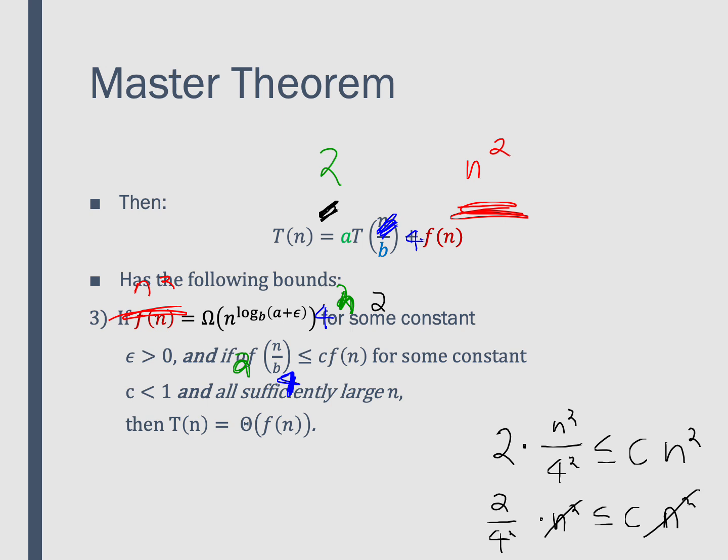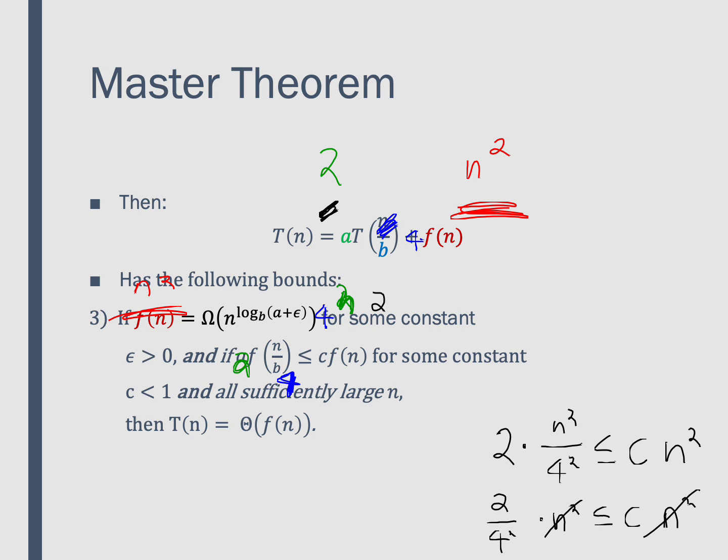And when f(n) dominates the recursive term, if f(n) = Ω(n^(log_b a + e)) for some e greater than 0, and if a·f(n/b) is less than or equal to c·f(n) for some c less than 1, then T(n) = Θ(f(n)).